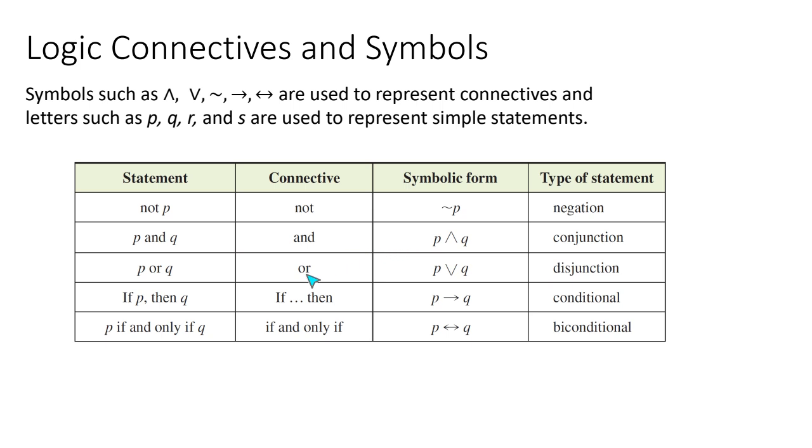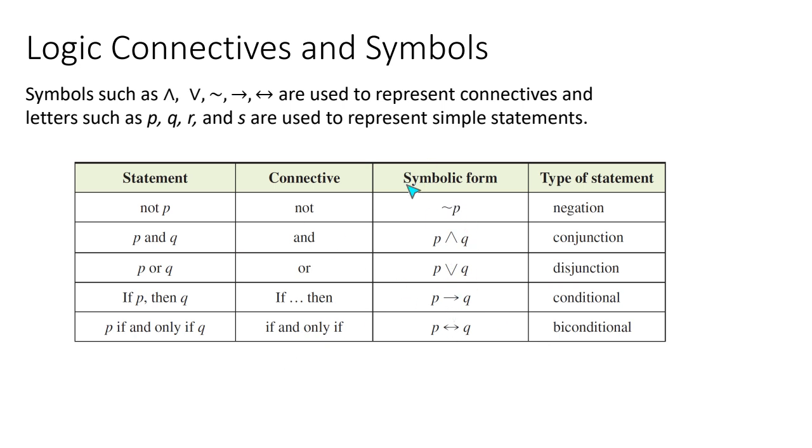If you have the connective or, you're going to use the symbol with the arrow pointing down. If you have a negation, which we'll talk about in a little bit, you're going to use the tilde here for P. Any if-then statements will use the arrow, so we call that the conditional. And the if and only if is the biconditional.